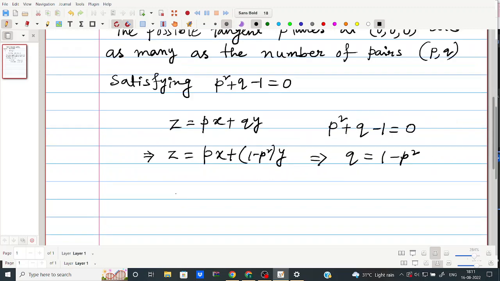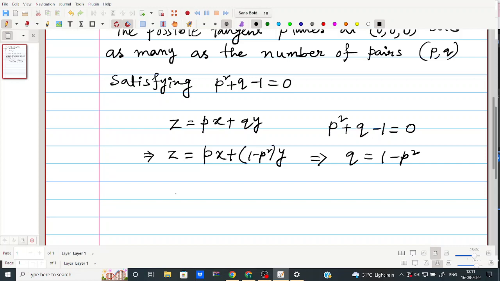Okay. Now what does envelope mean? Envelope means I have to eliminate the parameter p. There were two parameters at first, but I made it a single parameter.